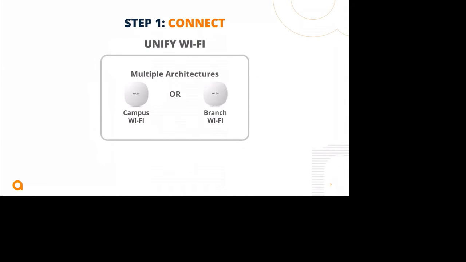Another thing is that we have also dramatically simplified our Wi-Fi architecture. For many years, our IT organizations have been forced to choose different architectures for campus versus their branch or even the remote worker access points. So typically this would mean that there would be a controller-based WLAN architecture in the campus and maybe some controller-less architectures in the branch or for the remote workers.